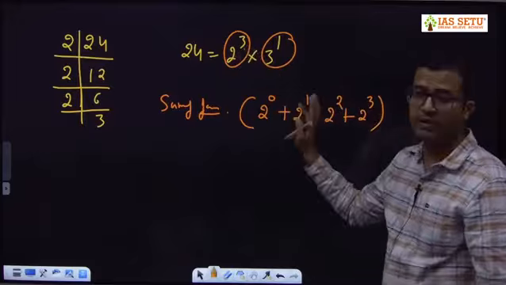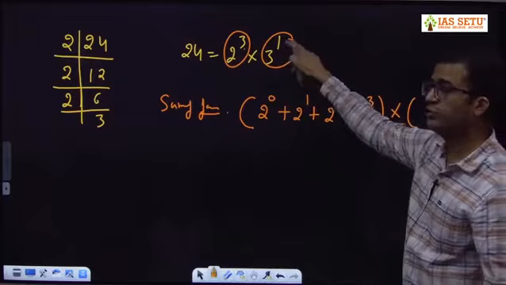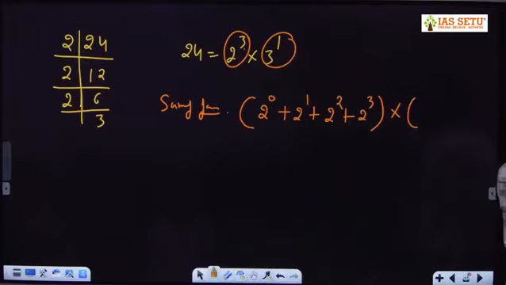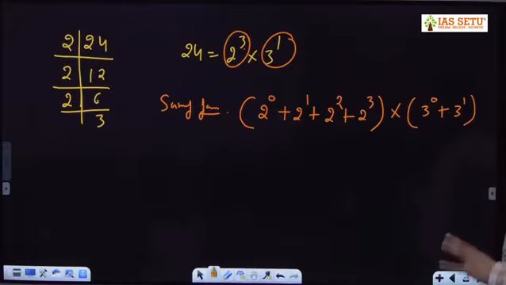Starting from 2 is to power 0. Multiply with same we will do for this. This is 3 is to power 1. So start with 3 is to power 0 plus 3 is to power 1 and multiply. Let me take 4 examples so that you can learn this short trick.